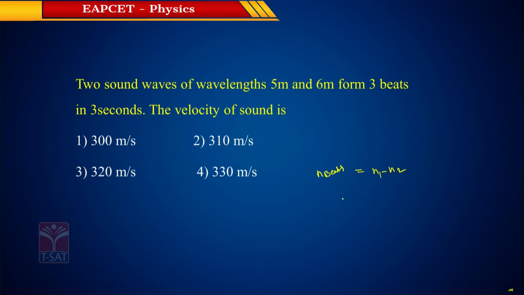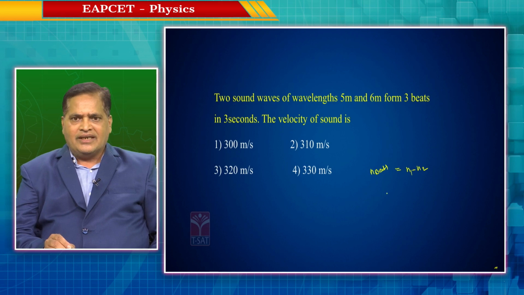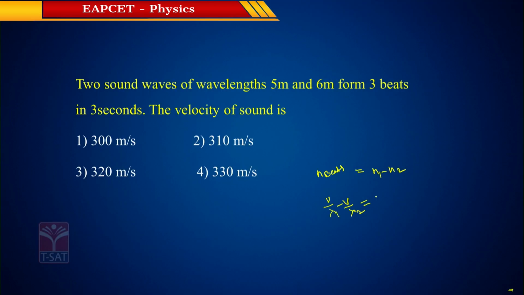The sound waves of wavelength 5 meter and 6 meter are there. Therefore n1 minus n2, you can write v by lambda 1 minus v by lambda 2, is equal to the beats frequency. How much is given here? That is 10 is given.